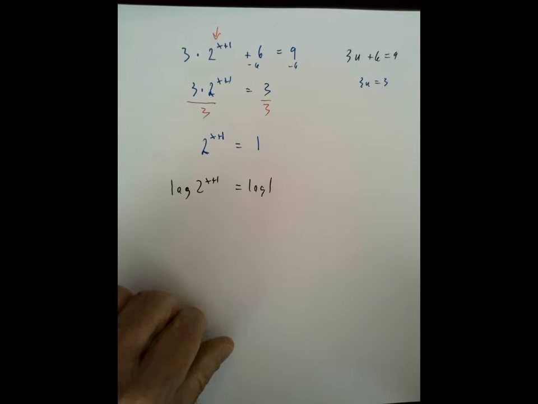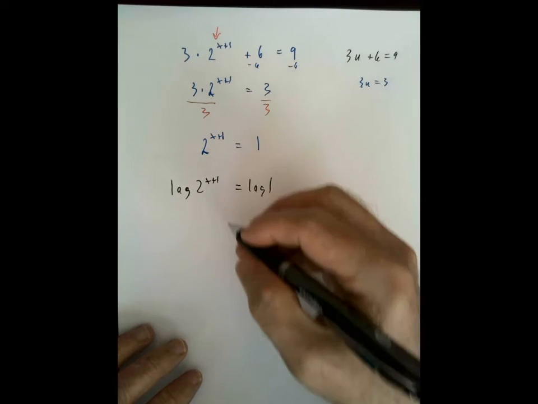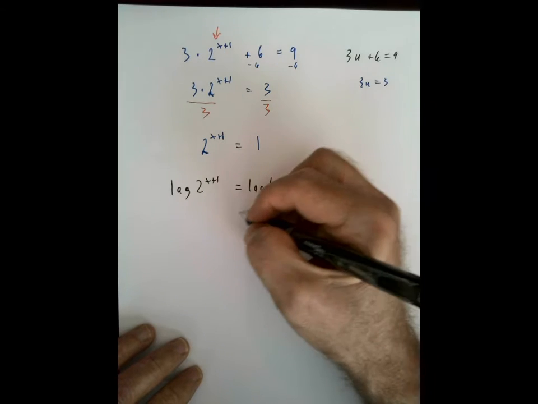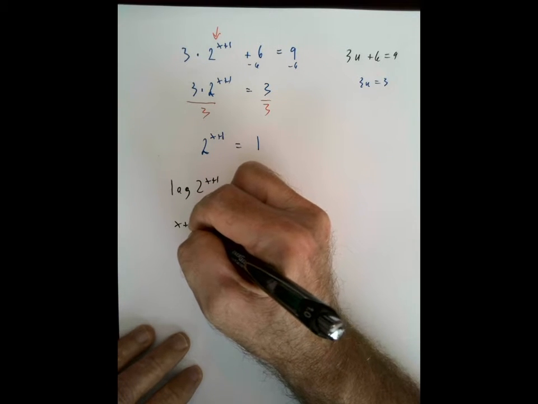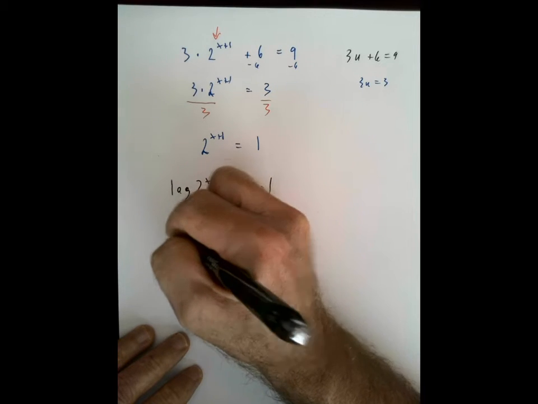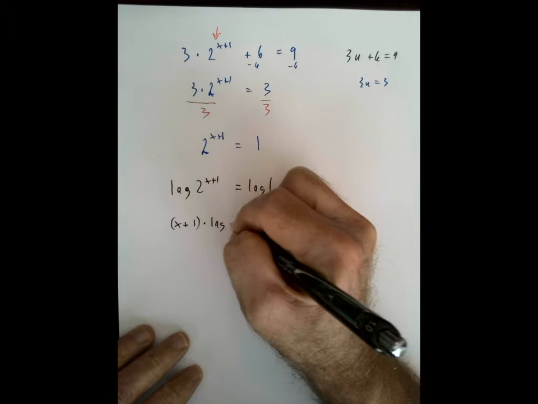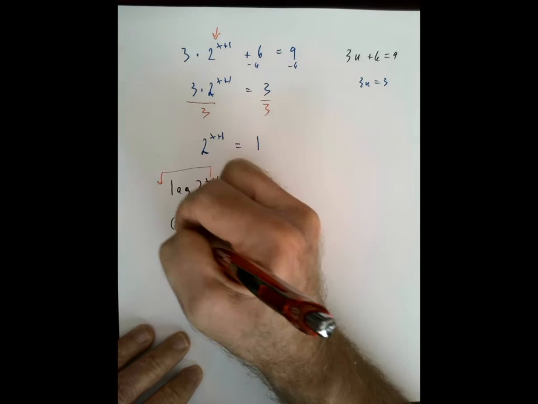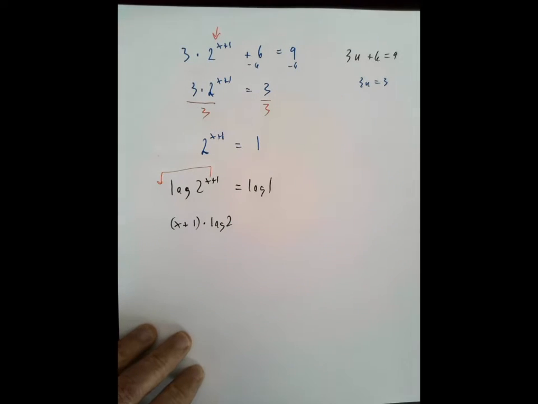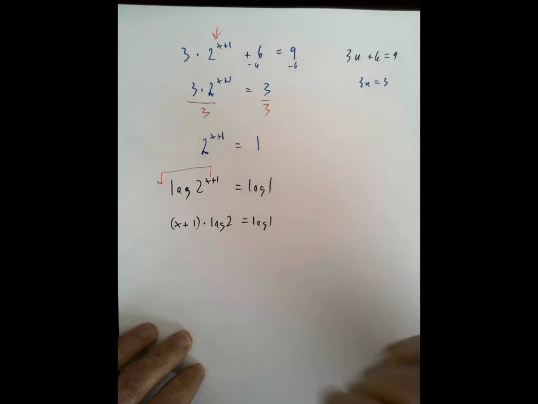And now the x plus 1 comes to the outside, so this is x plus 1 times log 2. Remember, this whole exponential part motors to the outside and becomes the coefficient. And over here, this is whatever log 1 is.